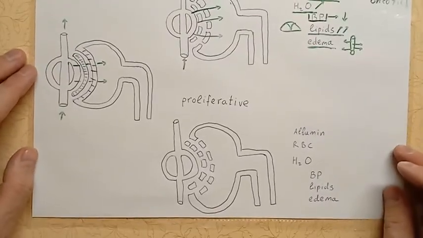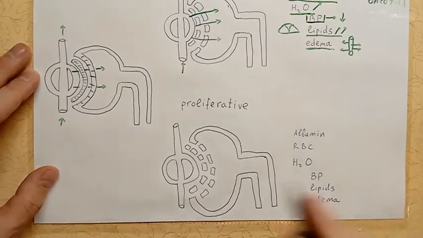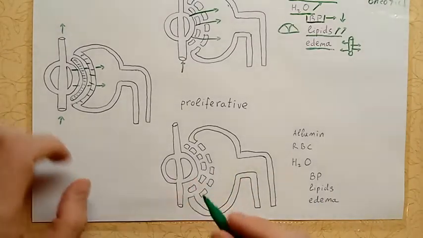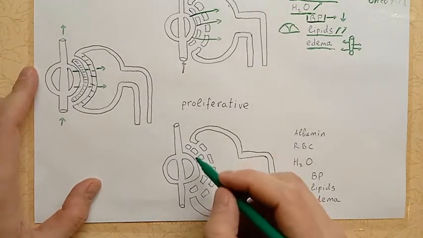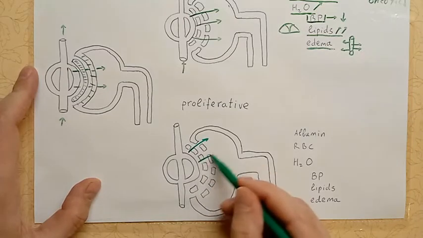Another group of glomerulonephritis is the proliferative one. What happens? Autoimmune inflammation causes damage of the barrier.